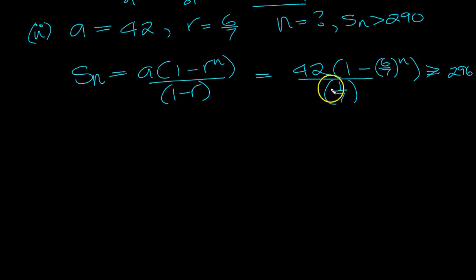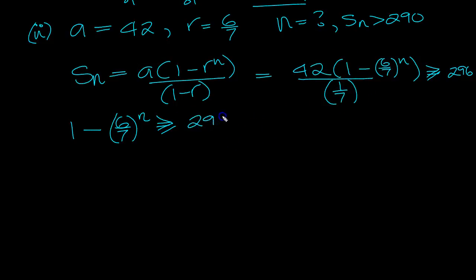Okay, so 280, so we got 1 minus 6/7 to the n. Now we can move this 7 up to be with the 42. Needs to be greater than or equal to 290. The 7 comes up to the 42.